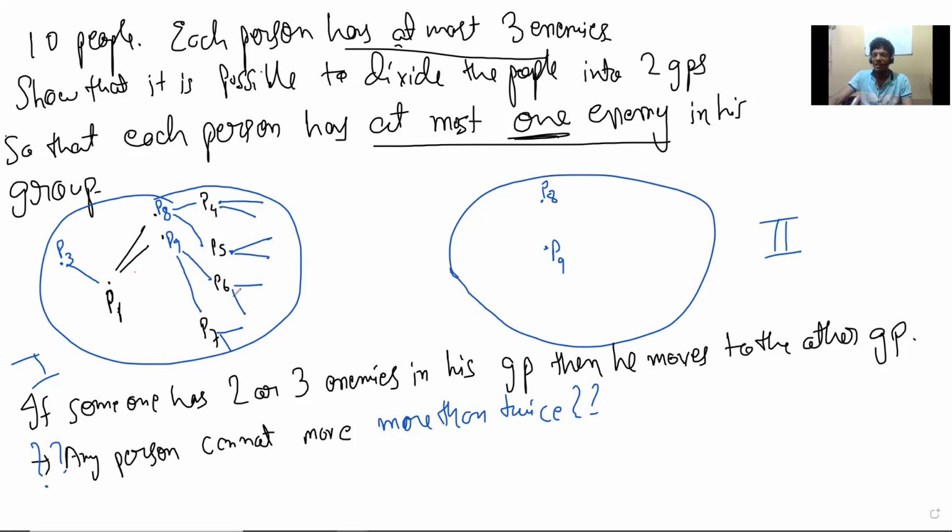So 10, let's say that this is the situation. Then what would happen? Then the P4, P5, P6, P7 all would need to move to the second group. Do you guys agree? Each have 2 enemies in their group. All need to move to this.